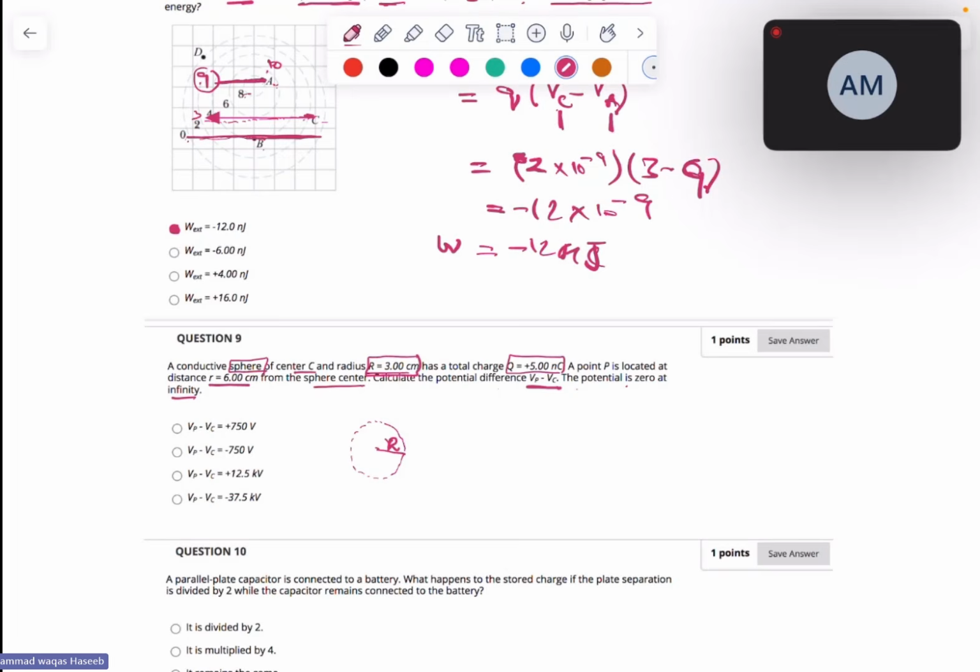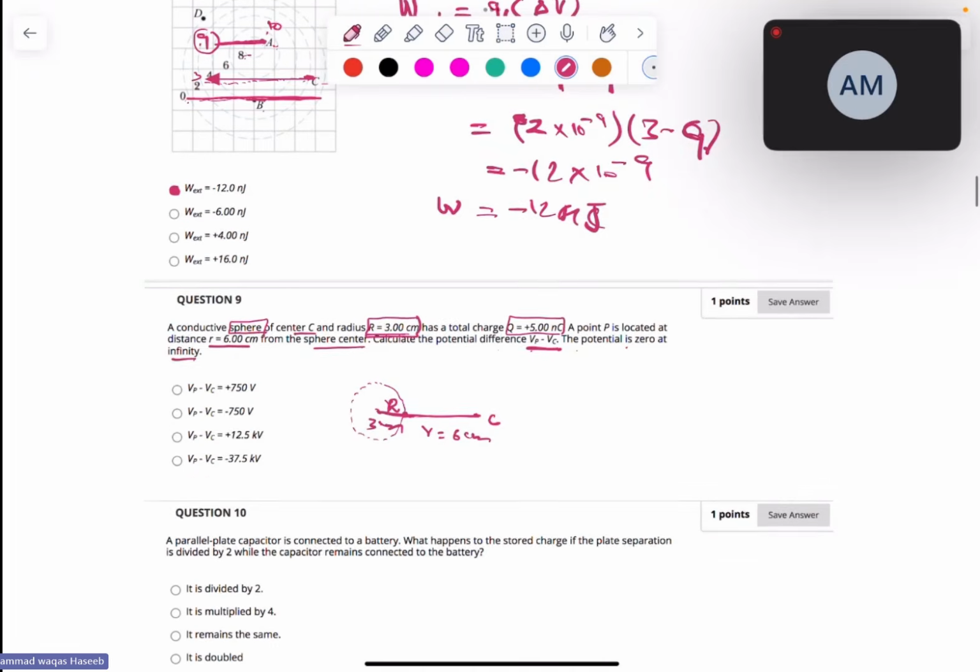At point P, which is 6 centimeter from the center, and this is 3 centimeter from the center. So calculate the potential at P and calculate the potential at C. So this is the potential P and this is the point C.